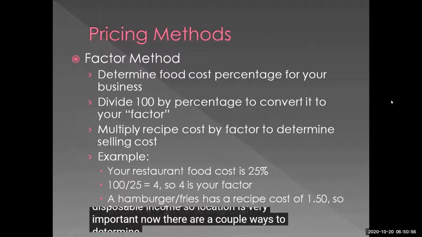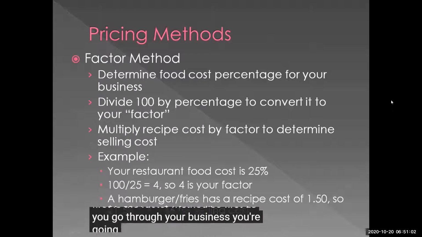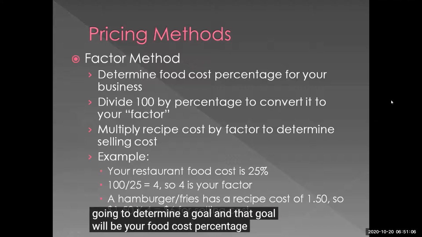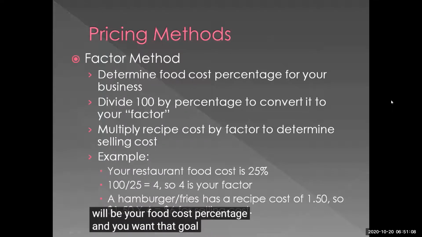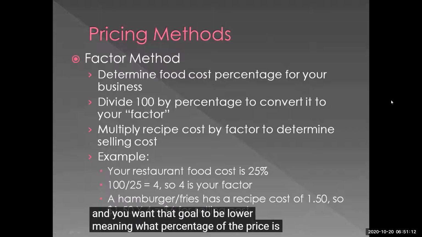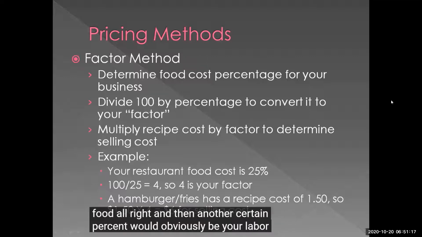Now, there are a couple ways to determine the pricing method, and the first is the factor method. As you go through your business, you're going to determine a goal, and that goal will be your food cost percentage. You want that goal to be lower, meaning what percentage of the price is food? Another certain percent would obviously be your labor and all of that.